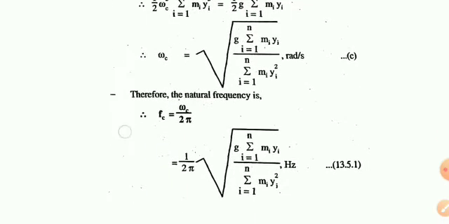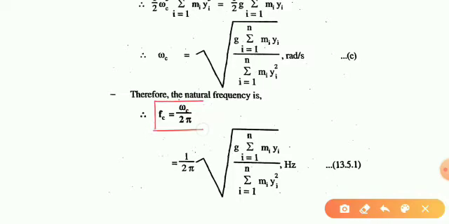Now from that we can find the natural frequency. Natural frequency is equal to omega c upon 2 pi. So this is the final equation of natural frequency for a shaft carrying multiple rotors. For that we require the masses and the deflections to find the critical natural frequency.